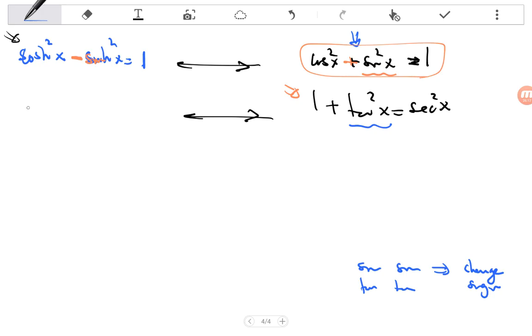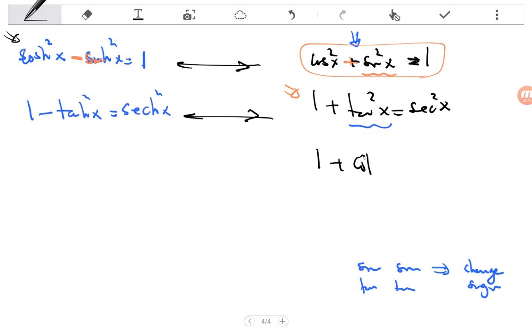So I would expect the analogous rule to be like that: 1 minus tan squared x to be equal to, does sec squared have two sines or two tans multiplied by each other? No. So its sign will just remain as it is. So it will be sec squared x.